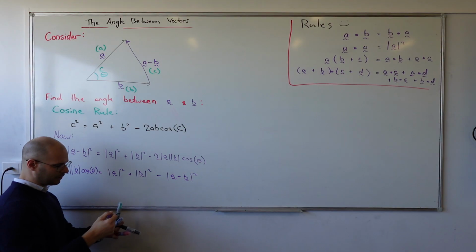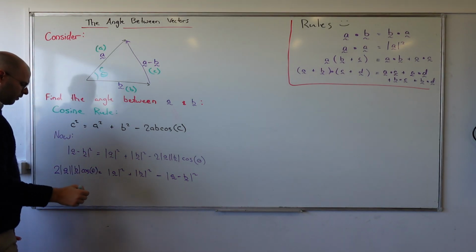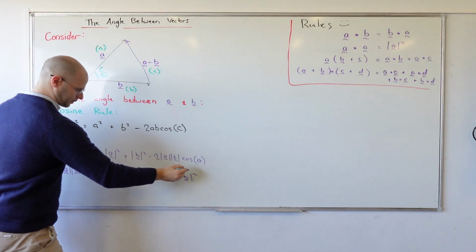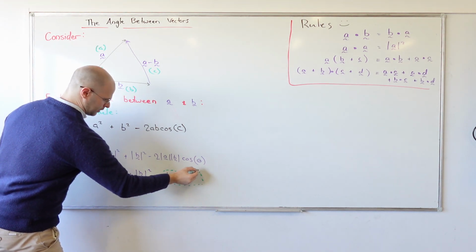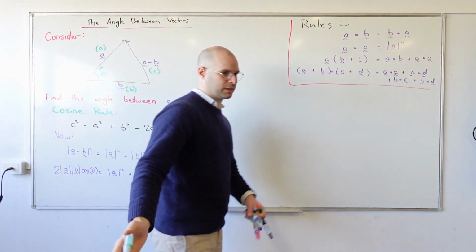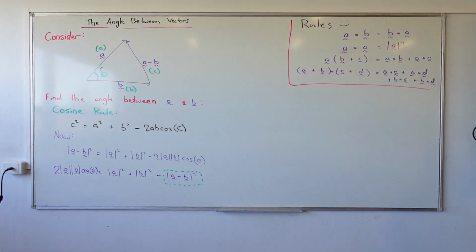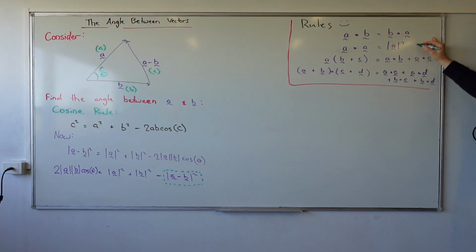It's at this point we have to start looking at our rules. First thing we need to sort out is this guy in here. Is there a rule we can do to expand that out into something more usable? Rule 2.